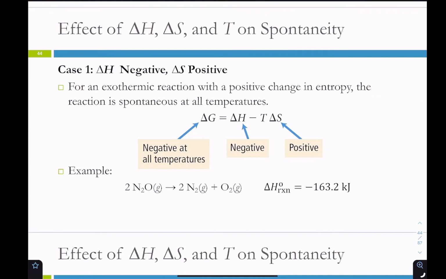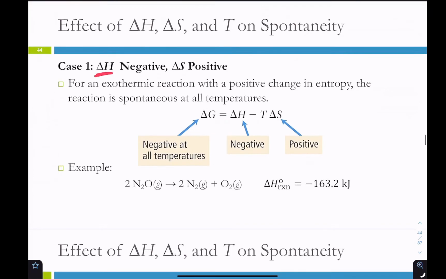So our first case here, where delta H is negative and delta S is positive. With delta H being negative, that's an exothermic reaction with a positive change in entropy. So that reaction is going to be spontaneous at all temperatures.